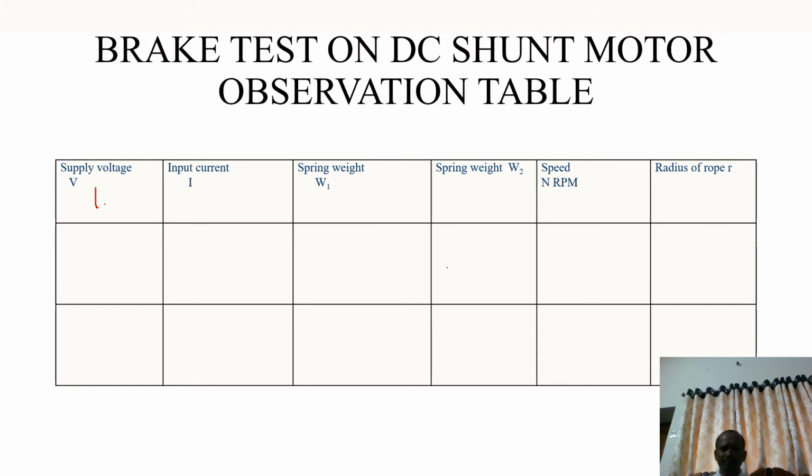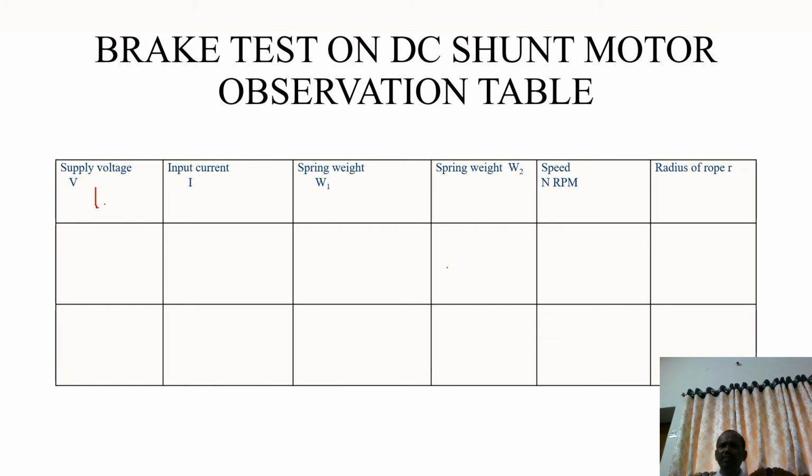Under no load and when applying the load condition, all these values are noted in the observation table. From the graph, you can calculate the values of output power and input power.